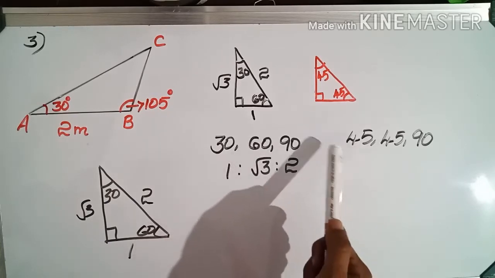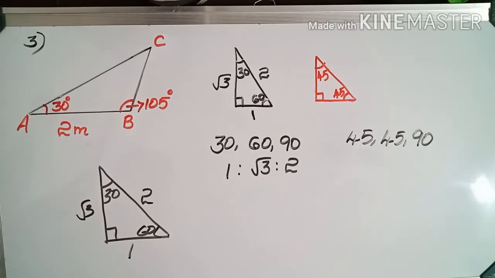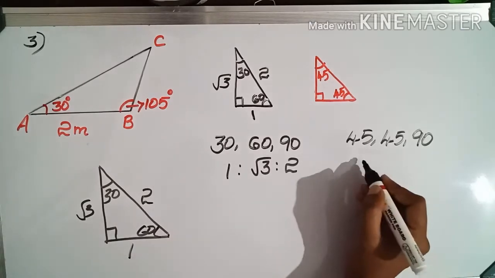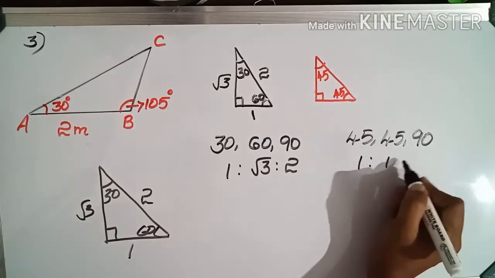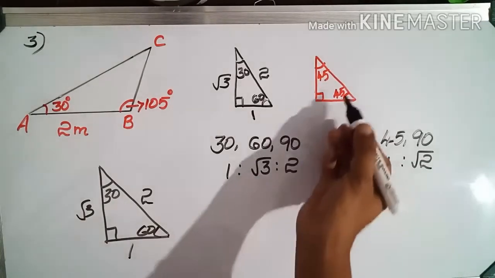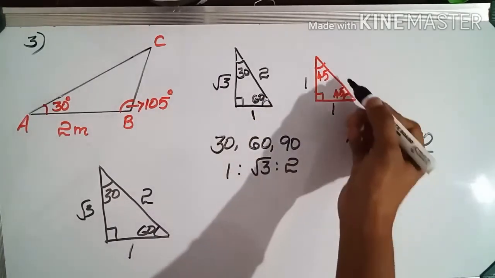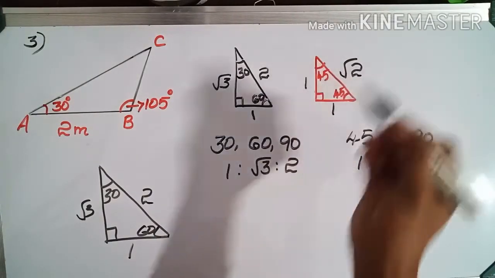Similarly, for the second one, that is 45, 45, 90 degree, you can see that this is an isosceles triangle. Two angles the same means it is an isosceles triangle. So here the ratio is 1 is to 1 is to root 2. The 45 opposite is 1, the next 45 opposite is 1, and this measurement will be root 2.